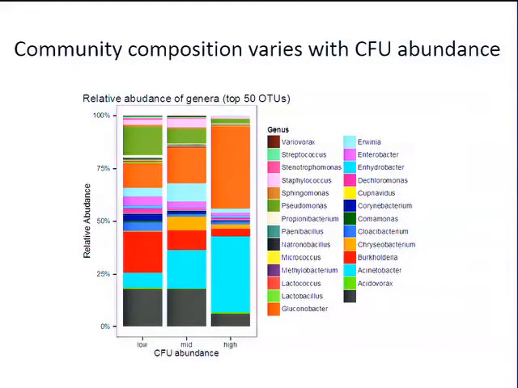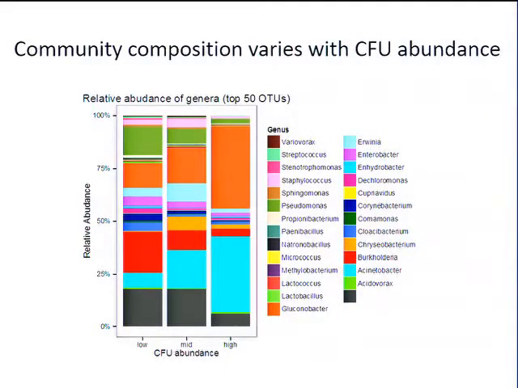If we look across these, instead of the treatments now, I have the CFU abundance, or the abundance of culturable microbes that we found in the nectar. And you can see that there seems to be a difference in the community composition that's largely driven by a couple of different taxa.